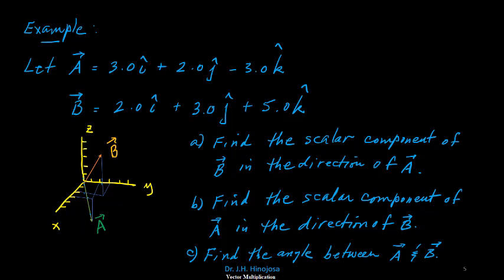The next part says find the scalar component of A in the direction of B. So we're going to take now A in the direction of B. So here in this part, this is part B. Here we have vector A now in the direction of B. B hat is a unit vector in the direction of B, so this is A dot B divided by the magnitude of B. We already know what A dot B is.